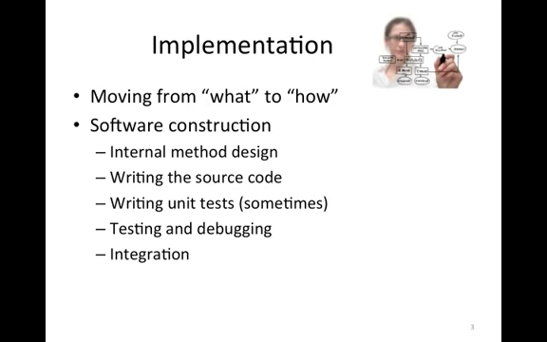Implementation is the process of actually building software, often called software construction. It's moving from the what, which is what we've been concentrating on, what is this system, what will it do, to the how are we going to do this. So when you have a full systems design like you will have at the end of this semester, the next logical step is to take that design and create a design that lays out the individual programs.